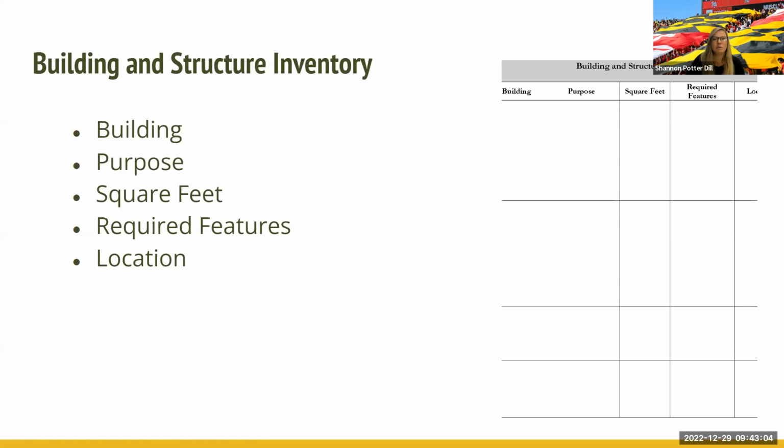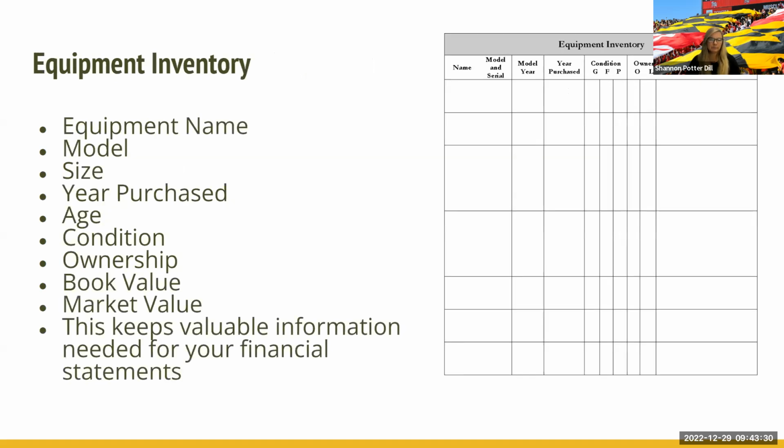So a building and structure inventory is nice to have to figure out the purpose of those, the square footage, where they're going to be located, and what features need to be in there to be able to move the farm forward. Maybe it's a section now that can be converted to a packing house, or maybe it needs to be climate storage, or there's refrigeration needed. So really step back and think about those things.